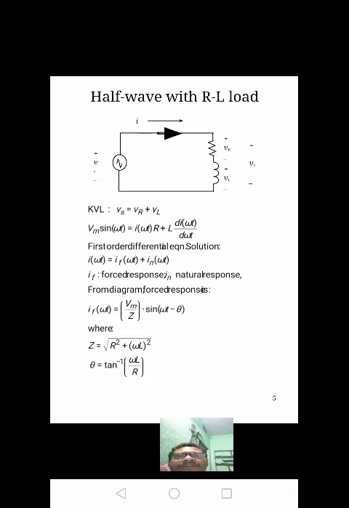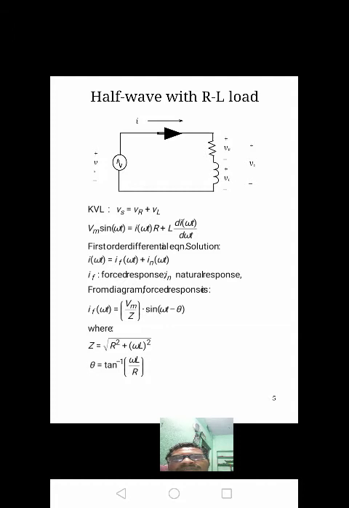Apply KVL to the above circuit. We will get Vs is equal to Vr plus VL. Vs is equal to Vm sin omega t, that is equal to i of omega t into R plus L into di of omega t by d omega t. The first order differential equation solution: i of omega t is equal to if of omega t plus in of omega t.